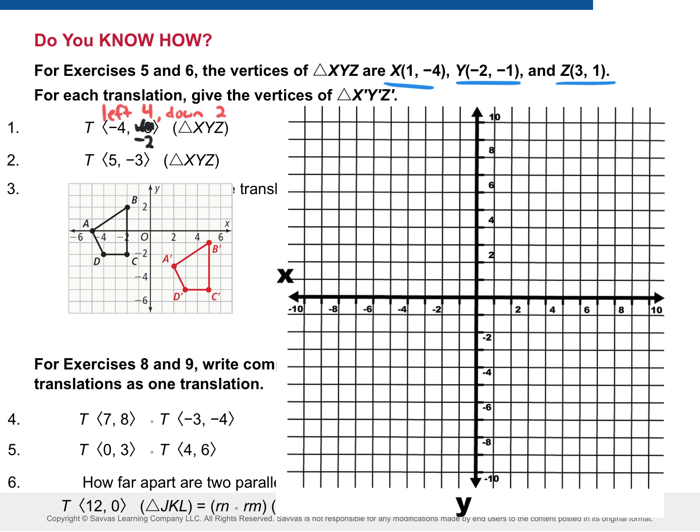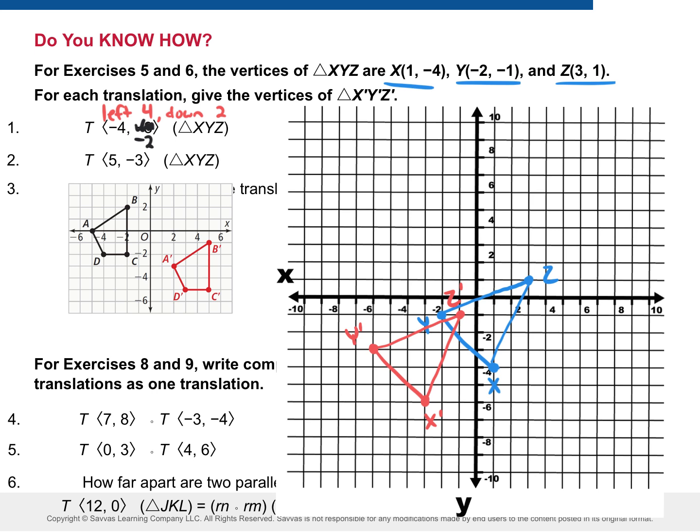I'll graph that up here for you so you can double check. What do you label your new points? Prime. Okay, this is what your number 5 should look like.